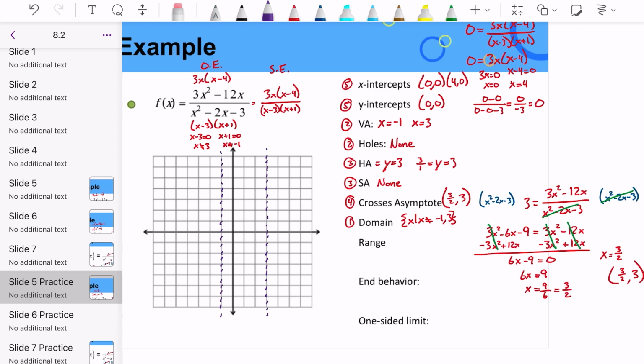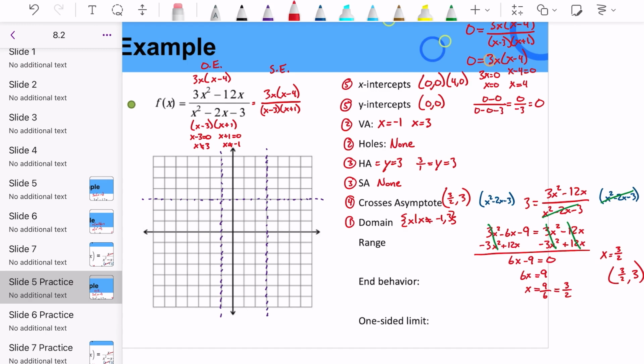We also have a horizontal asymptote at y equals 3. It is extremely important to go ahead and do your asymptotes first before anything else.